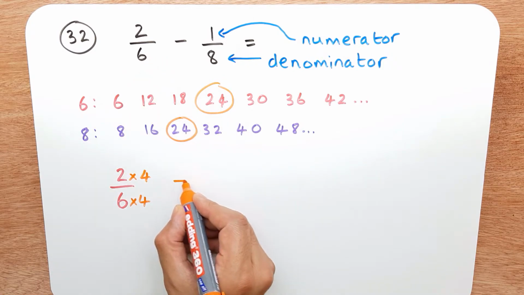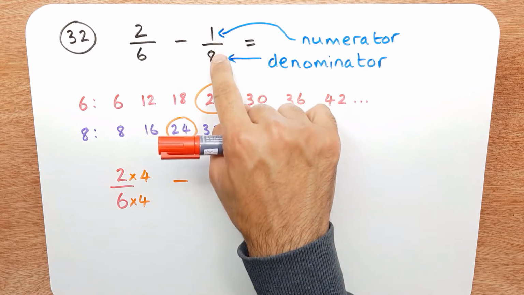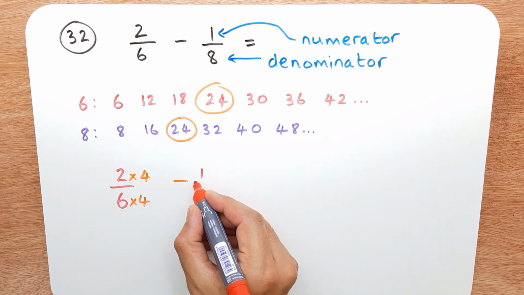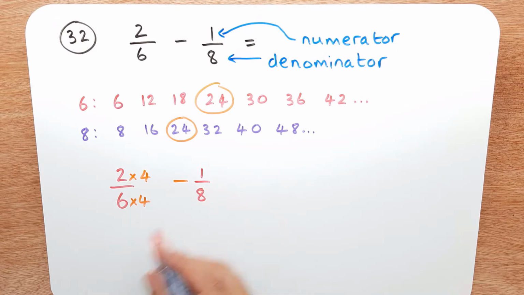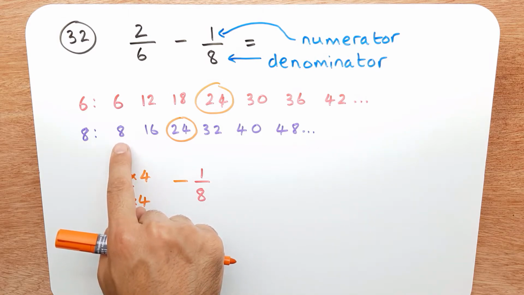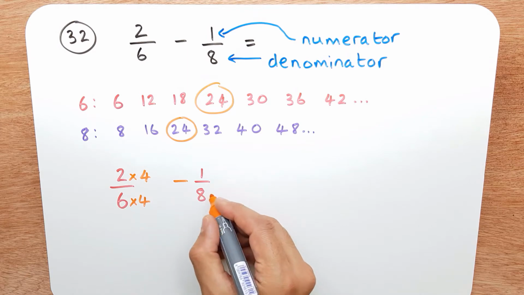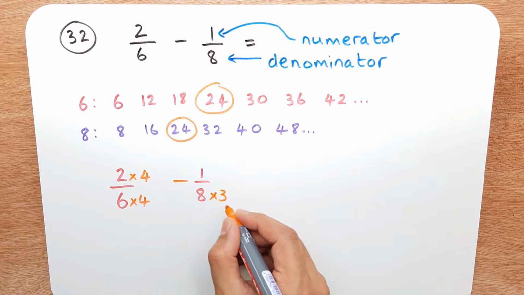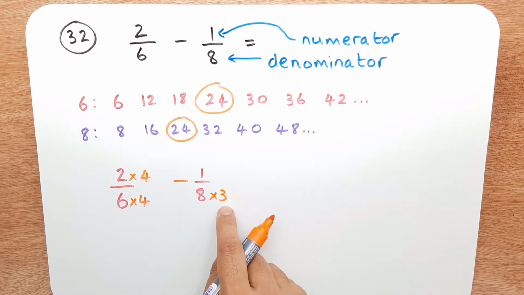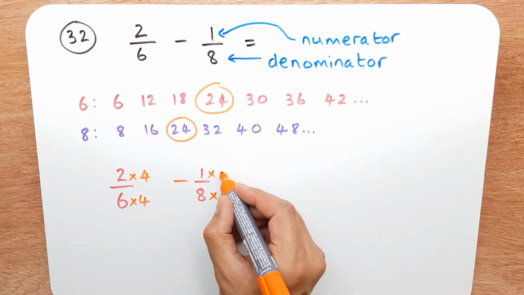Now I need to take away 1/8. The same thing: how can I turn this 8 into a 24? If I count here, 1, 2, 3, I multiply the 8 by 3 to get 24. And whatever I do to the bottom number, I have to do to the top number.